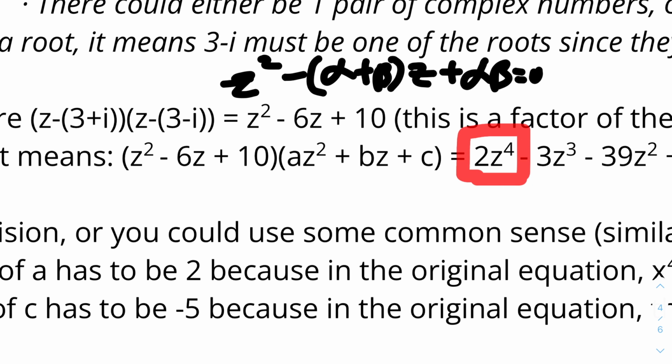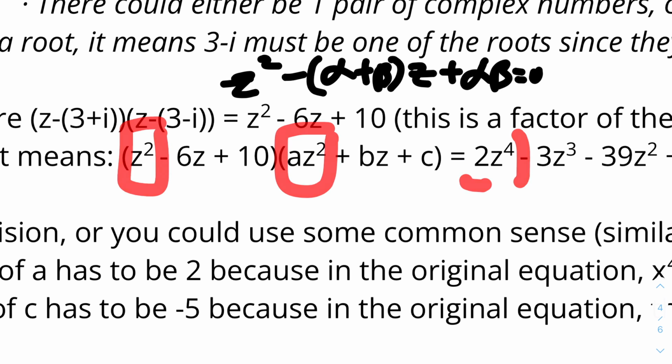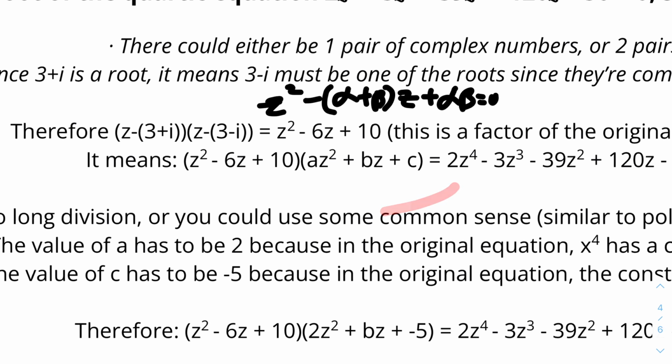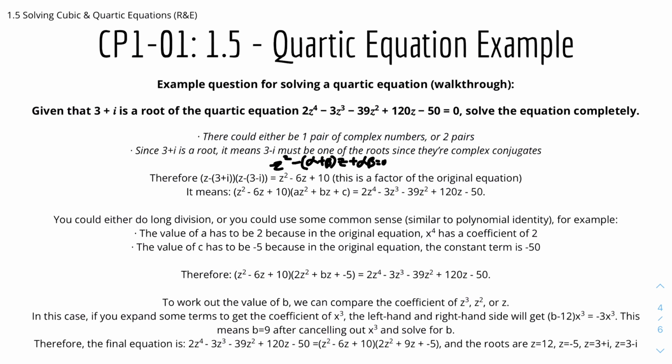The only way to get z to the power 4 is where the two z squared terms multiply together, because if you multiply this by this, you get z to the power 3, and so on. That means z squared times az squared equals 2z to the power 4. Using this, we know that a must be 2.